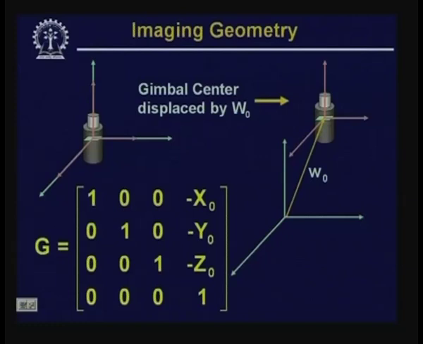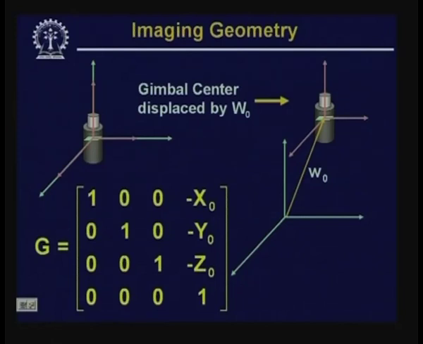So, here on the left hand side we have shown a figure where the camera coordinate system and the world coordinate system are perfectly aligned. Now, from this alignment, if we give a displacement by a vector W naught to the gimbal center, then the camera will be displaced as shown on the right hand side of the figure, where you find that the center is displaced by vector W naught.